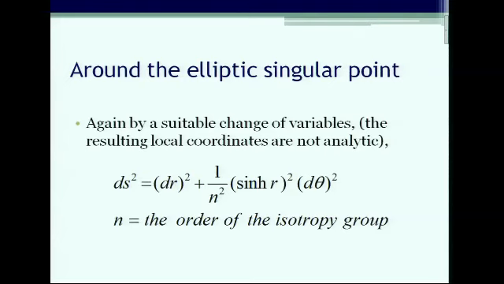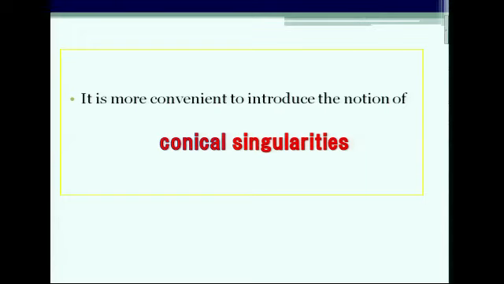However, the metric has this form. You have a constant n squared here, and n is the order of this isotropy group. So for us, it's more convenient to introduce the notion of conical singularities on this manifold.